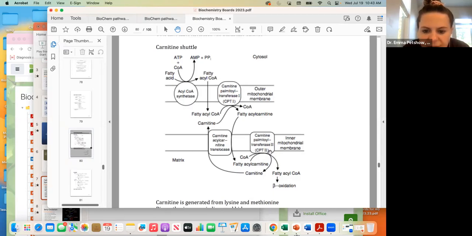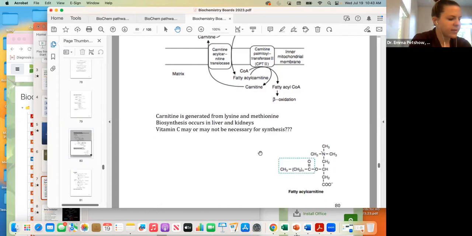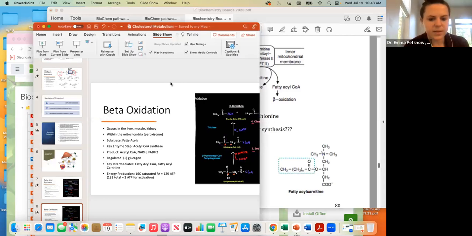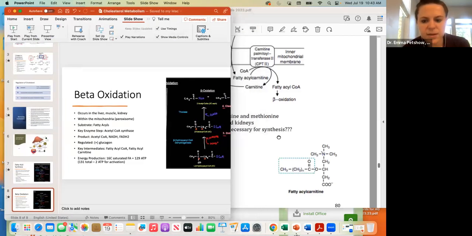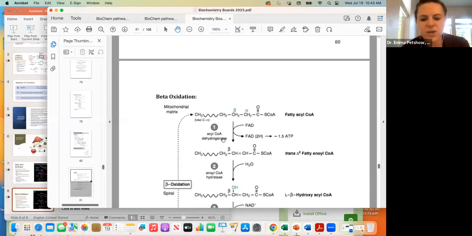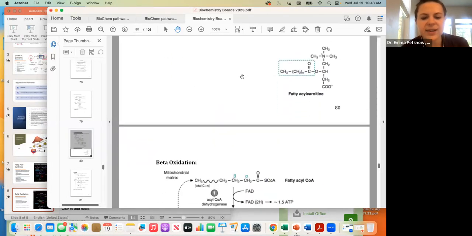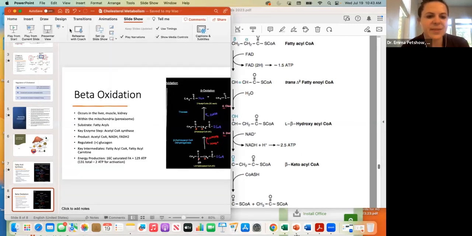I might not even have it on here. Well, that's unfortunate. Okay, well, let me pull it up. That will be helpful for us to see. Okay, no, just kidding. Sorry, y'all. Carnitine acetyltransferase can get you into here. Our rate limiting step, we'll pull this one up. This will be easier.